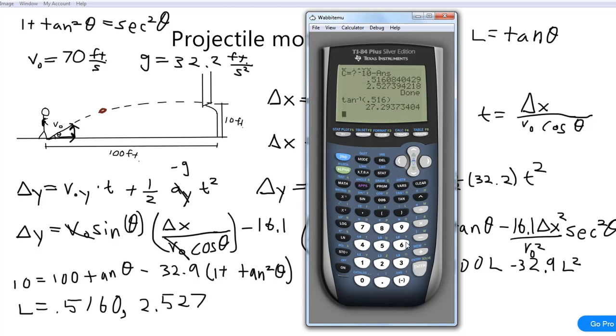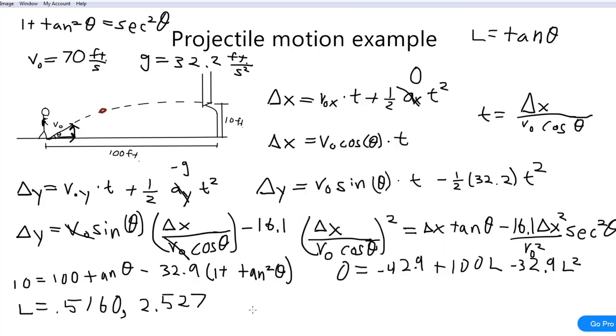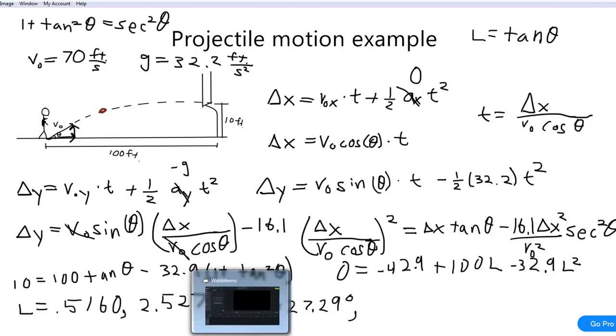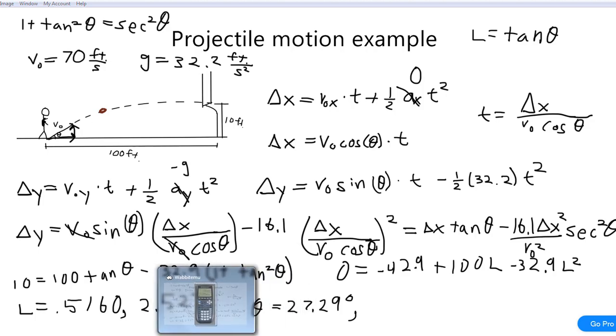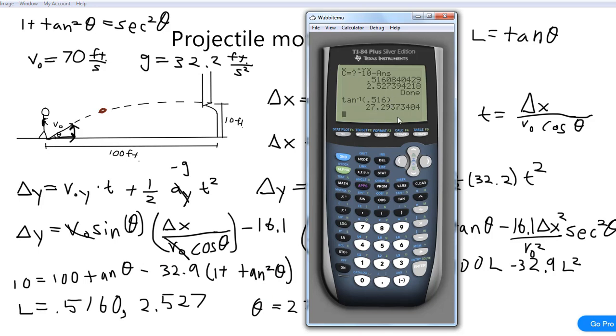So you get 27.29 degrees. So theta equals 27.29 degrees, and that corresponds to the 0.5. Then we have here, let me find it. Okay. So we have also, just do second entry.